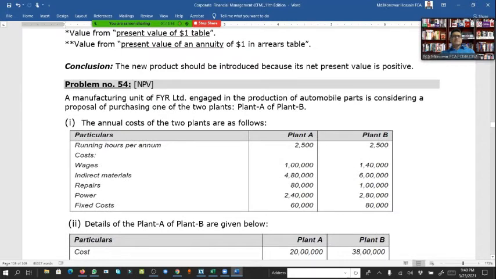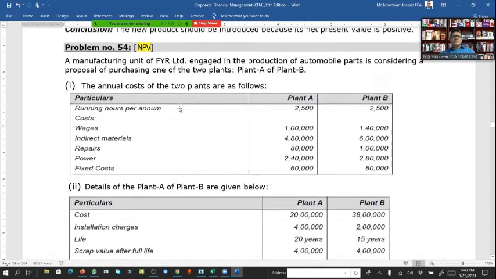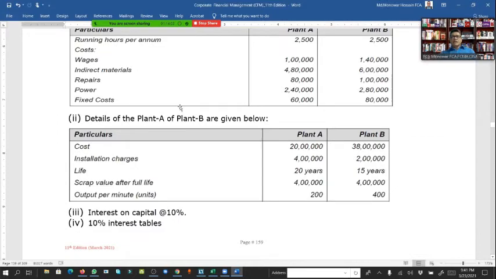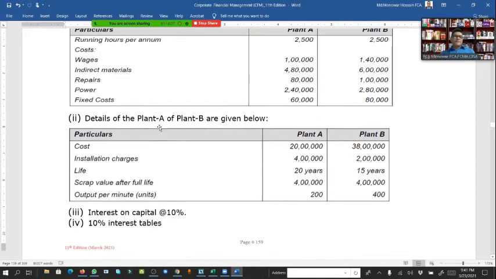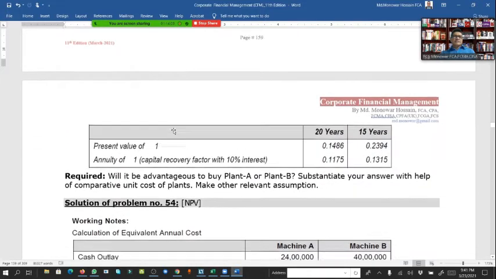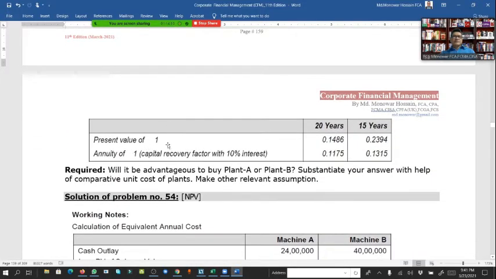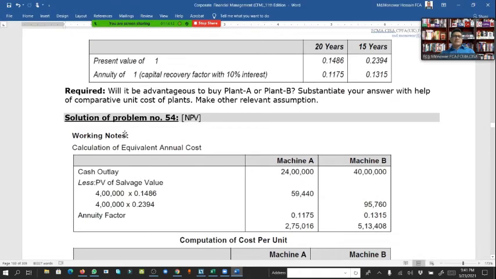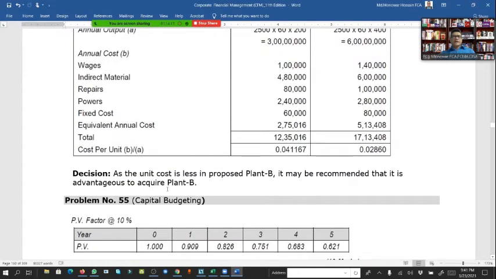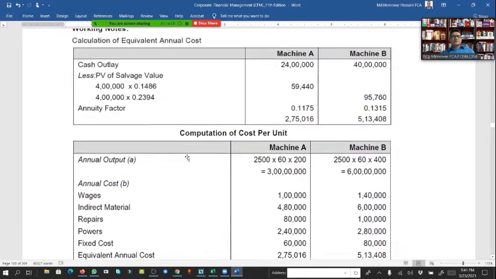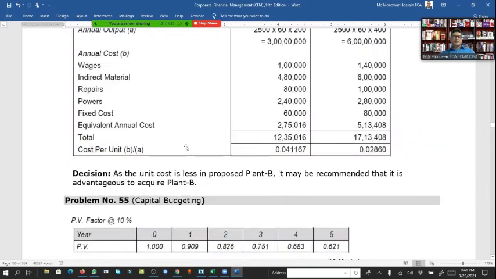Another one is simply an NPV calculation, a good one, a nice one. Here plan A and B, interest rate is given, and present value is here. Here the calculation is working cost per unit, and then the decision. See the solution here.